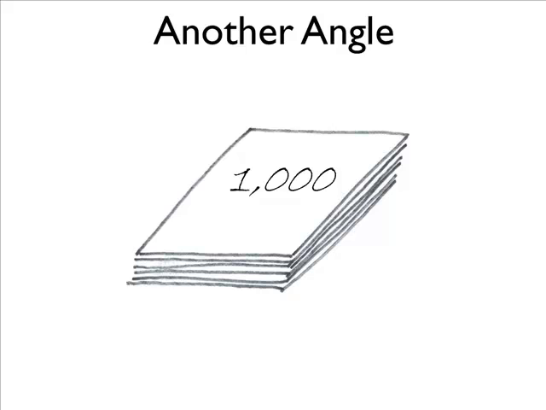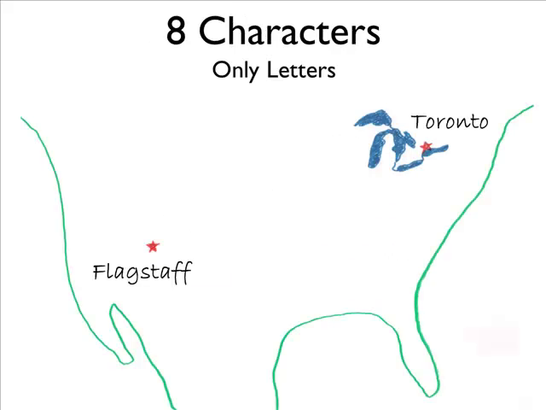How tall would that stack of paper be? Well, in that particular case, if we're talking using just letters and an 8-character long password, and here I'm talking just lowercase or uppercase, but not both. If we stacked up those sheets of paper, each containing 1,000 different combinations, and then knocked it over, that stack of paper would be tall enough to cover the distance between Toronto, Ontario, Canada, and Flagstaff, Arizona in the United States.